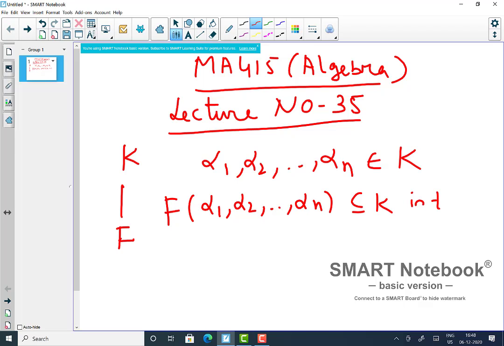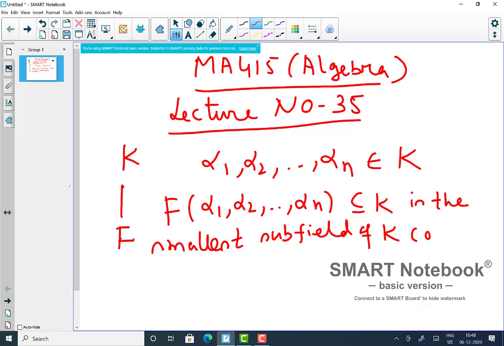It is the smallest subfield of K containing F and this set alpha 1, alpha 2, alpha n.